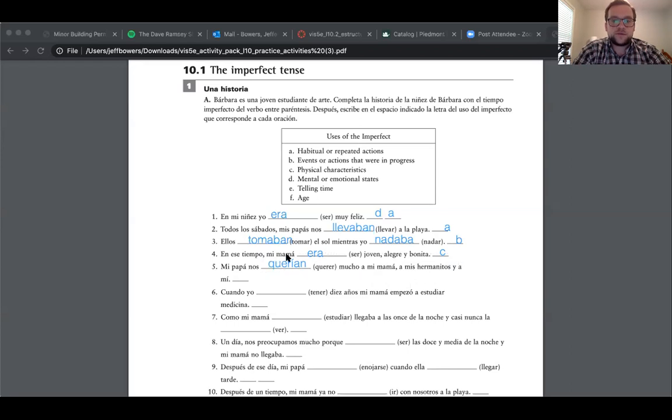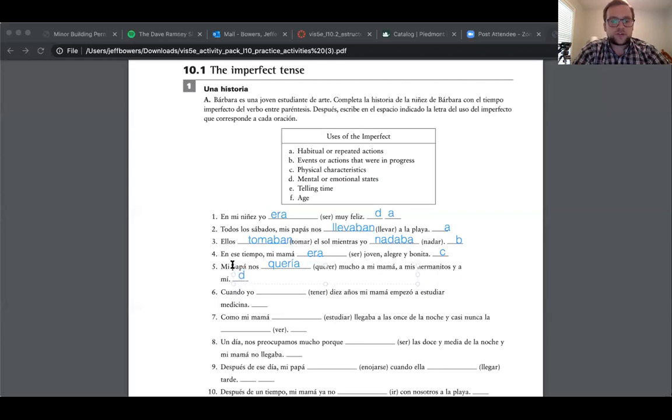That would not be your querían, it'd be quería, because it's mi papá nos quería mucho a mi mamá, mis hermanitos y a mí. So that would be a mental or emotional state, right? Because love is emotional. Bien.